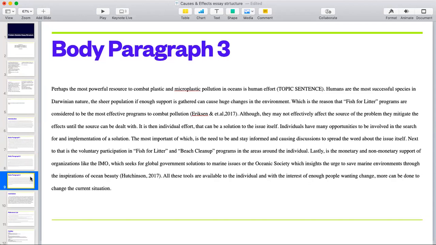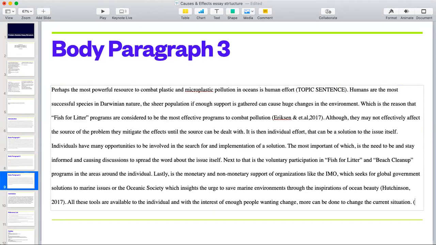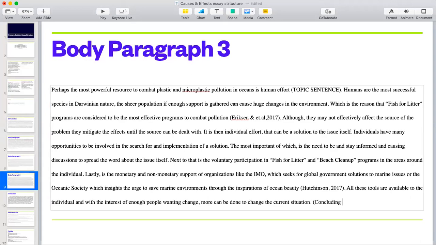So it should be long and it should include lots of details in order to convince me that this is a good solution. So this is a huge weakness. We have a topic sentence, analysis, support, evidence, and a concluding sentence, but we don't have enough details because the paragraph itself is very short.